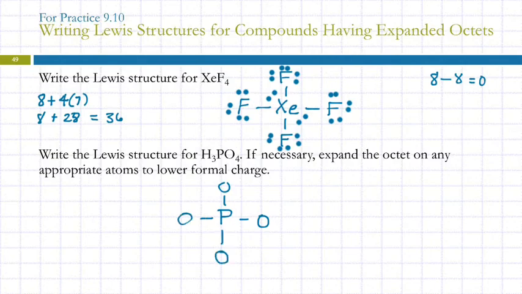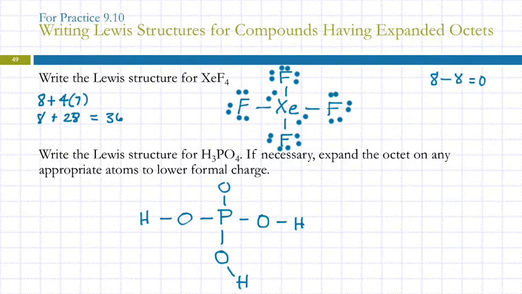And then we have to figure out what to do with those 3 hydrogens. So a time saver is to recognize that oxygen likes to have 2 bonds. And so if we put the hydrogen on this oxygen, it's going to have 2 bonds. It's probably going to be happier that way. Let's put the hydrogen over here and another hydrogen on this guy. That's going to make hydrogen happy. Hydrogen's happy with 1 bond.